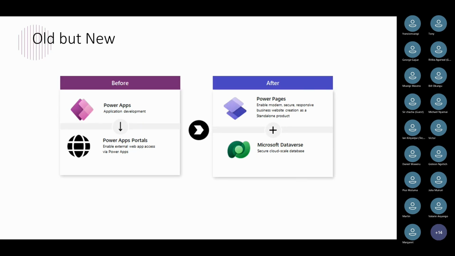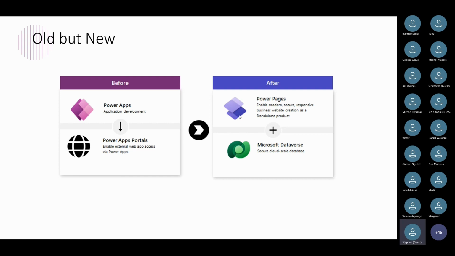It is a tool that helps you design websites for your company, internal websites that help external users access some resources of your company quickly. The portal was available from 2019 until mid this year, whereby it was renewed into a new one called Power Pages. That's where Power Pages came in.